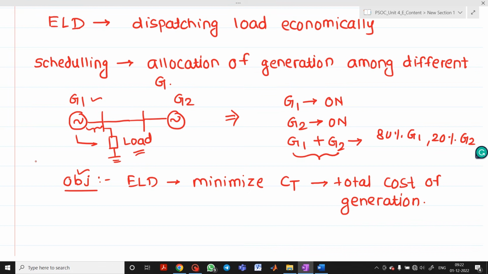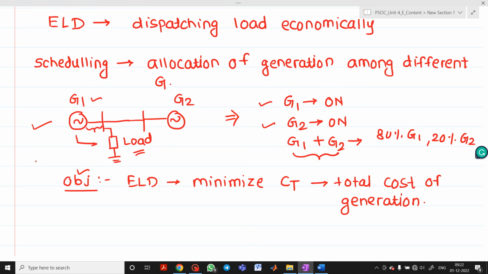Now what is the necessity of economic load dispatch? Again we will take the same example. I can serve the load with only G1 acting alone, or with only G2 acting alone. But if I use only G1, then it will run up to its peak condition.